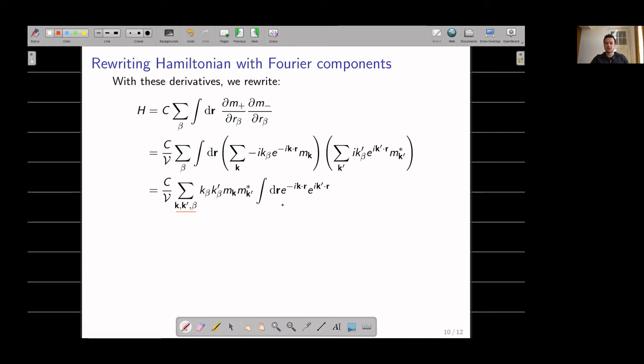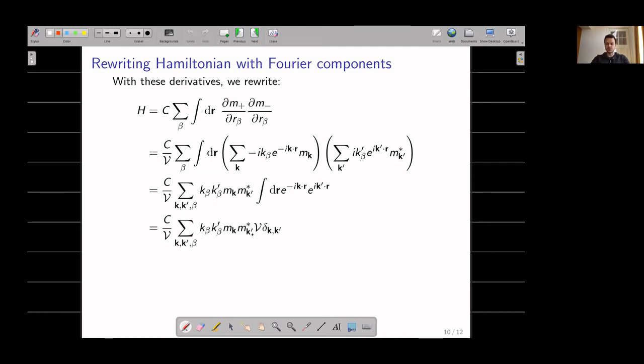Okay. Now the next step would be just to have this expression and recognize that this is going to be proportional or even equal to a delta function. It's going to be proportional to a delta function of k and k prime here.